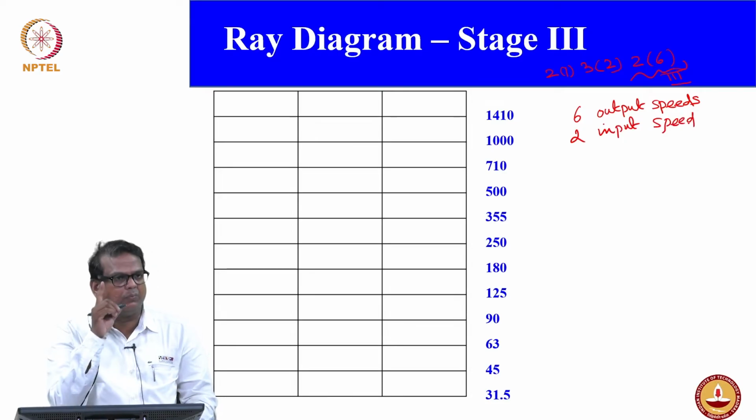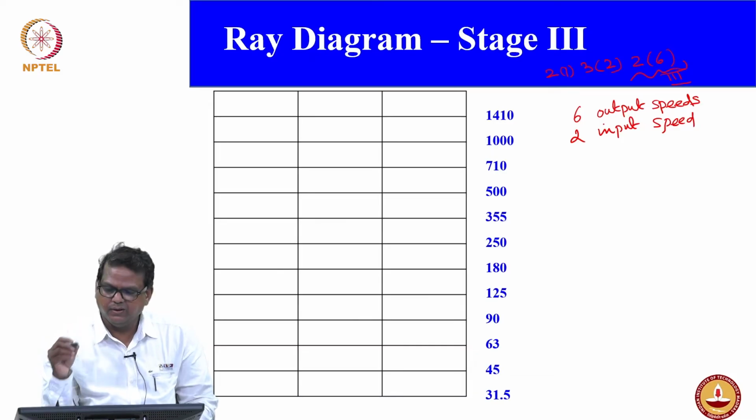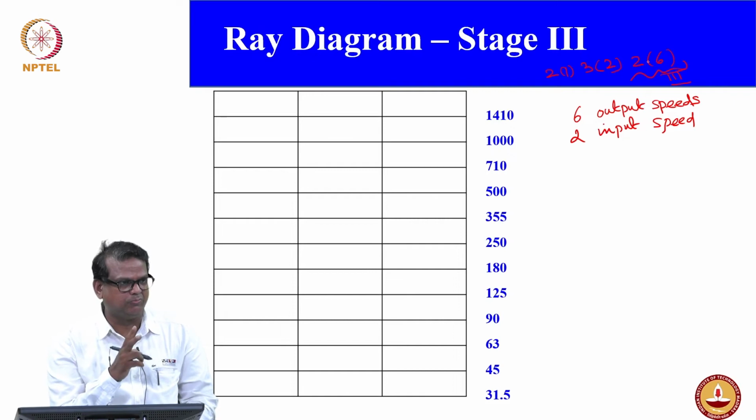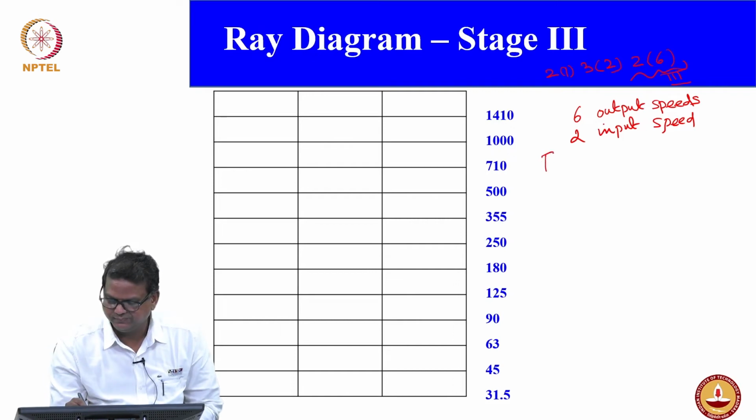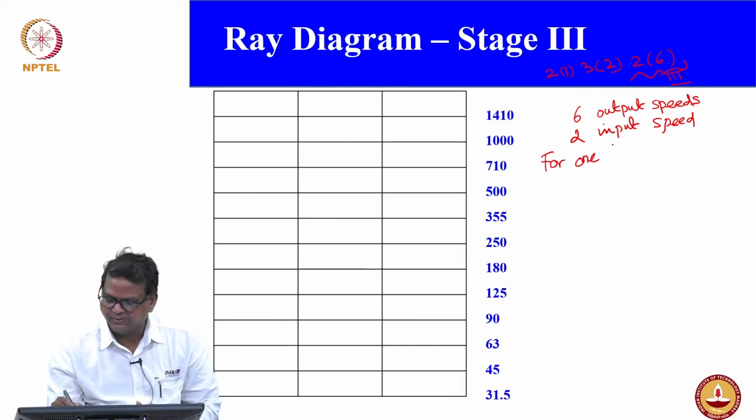For 1 input speed, how many output speeds would we expect? For 1 input speed you should get 2 output speeds. I am not saying which speed, but 1 input speed should have 2 output speeds based on the structural formula. Okay.